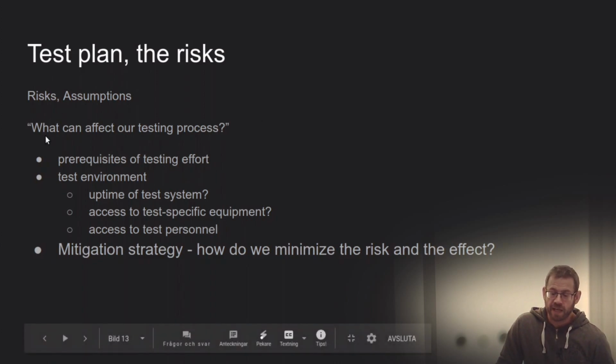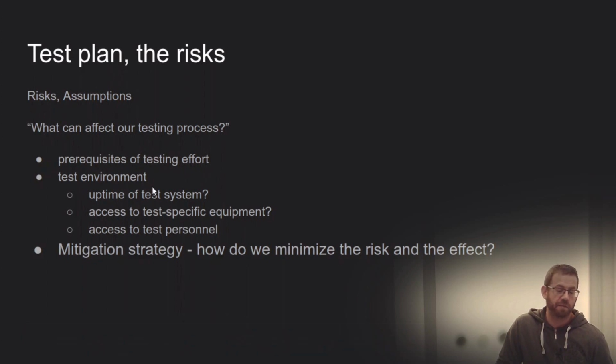But risks can also be things like prerequisites of the test effort and test environment. What if you don't have access to things that you need during testing? If we have this web server at the customer's site and we need to test on their hardware, what if we don't have access to that hardware?